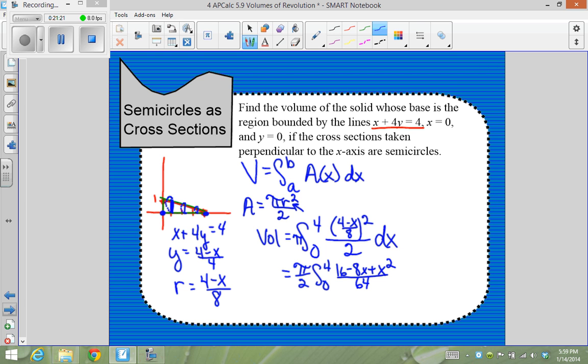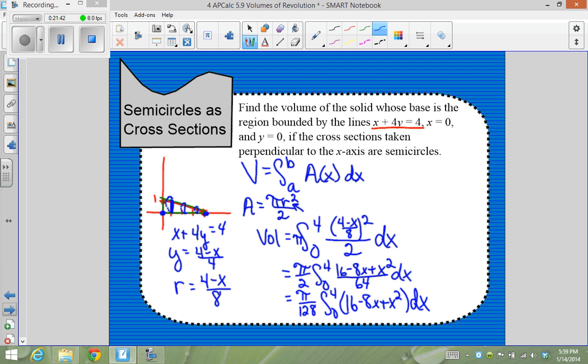If it were me, I'd probably now pull out the 64 and just integrate it normally. So pi over 128 integral from 0 to 4 of 16 minus 8x plus x squared. Okay, and y'all can integrate from there.